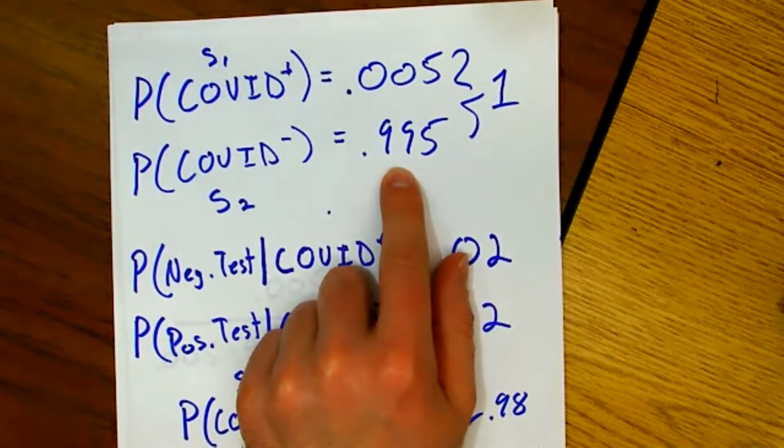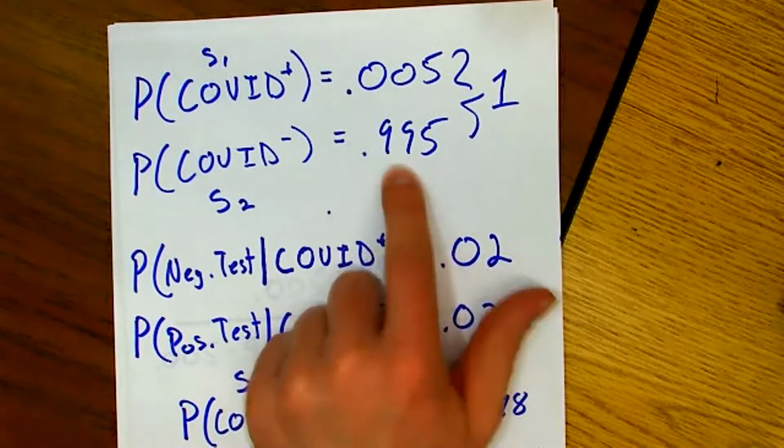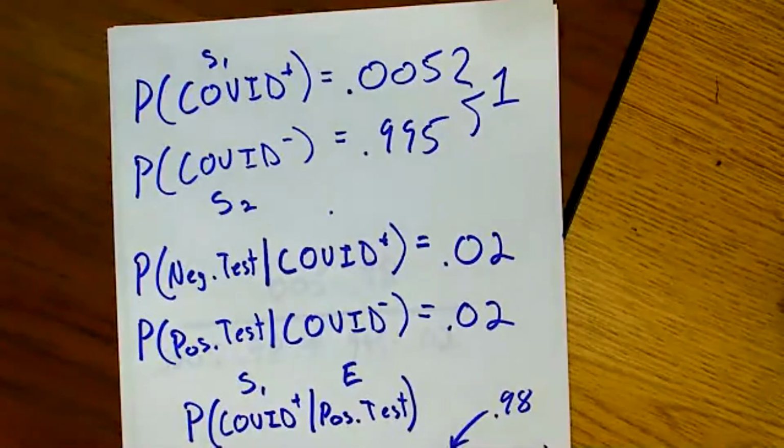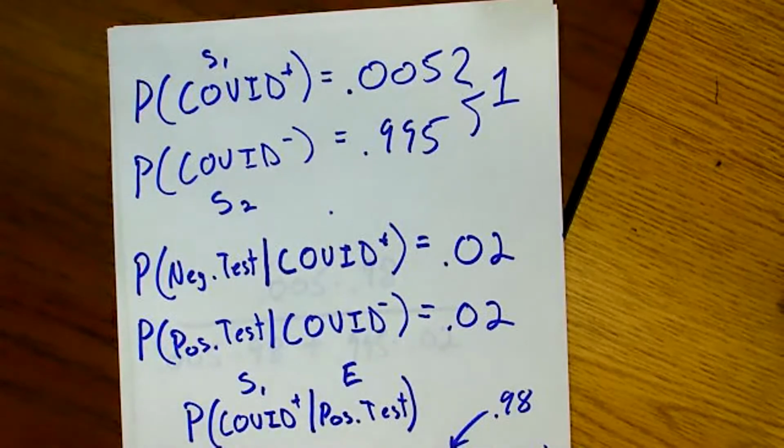So if I made everyone go out and get a COVID test today, 2% isn't a high percent, but 2% of nearly 300 million people is going to be a lot of positive test results, right? So it's good to get people tested, but to just get anyone tested, if the false positive rate is relatively high, it's somewhat dangerous because the positive test result gives us a lot less information. It's not nearly as valuable, right?